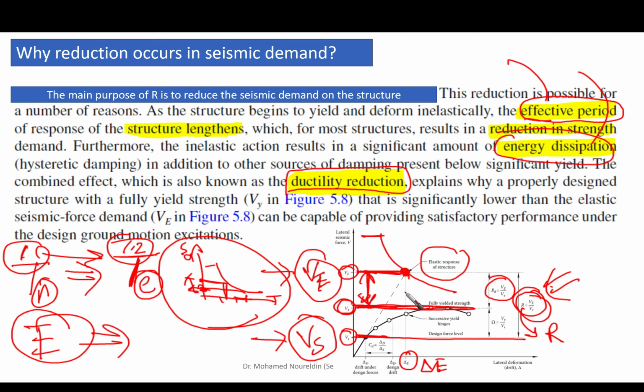So there is a reduction from the theoretical elastic to the real fully yield response by this amount. This is the reality. But this distance from here to here is because of the design. This is the code design. This is what we are designing for, so this is why we use R. But the real reduction is between VE and V yield.